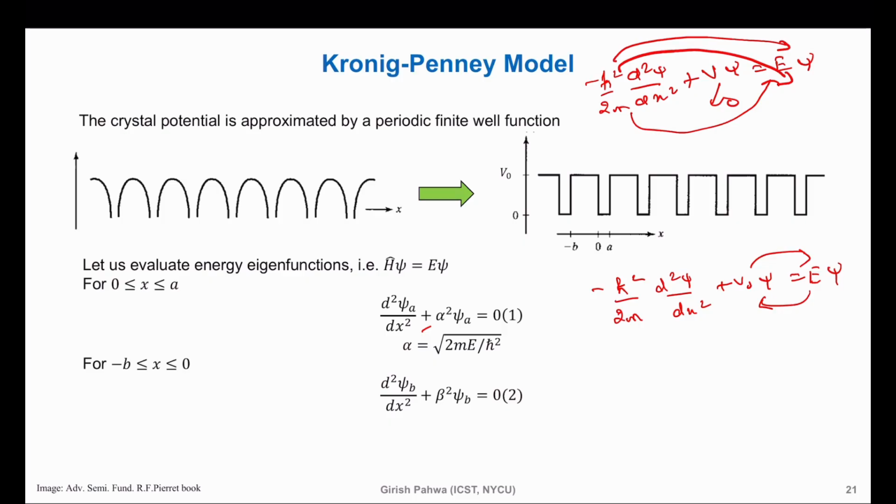Because this is already minus, let me write it as E minus V naught into psi, and this will become d2 psi by dx square equal to V naught minus E into psi, and there is a multiplication factor also, 2m by h bar square.